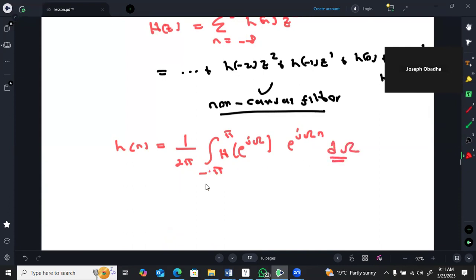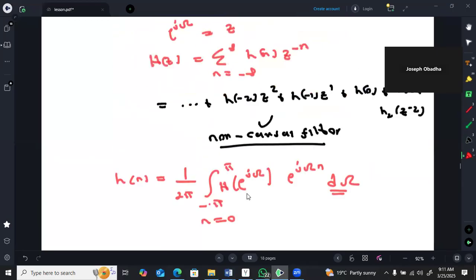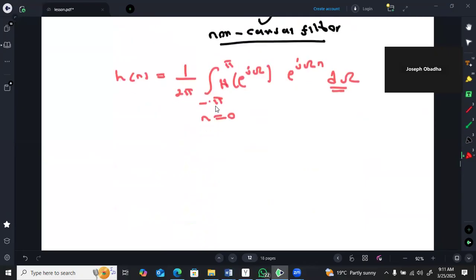So let's see what we have for n equal to 0. For n equal to 0, we put 0 everywhere, and the amplitude is basically 1. You put a 0 here, it becomes 1.